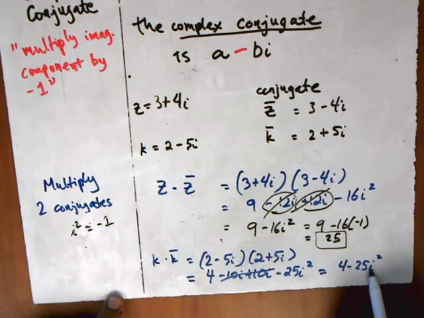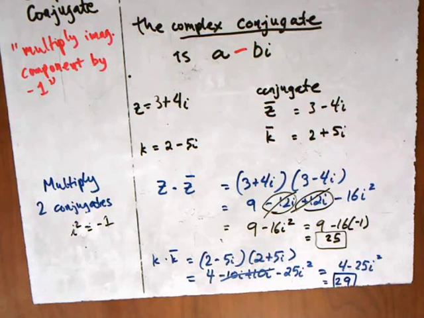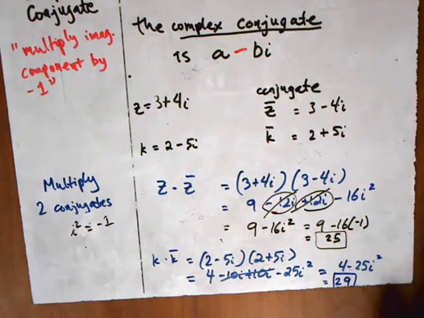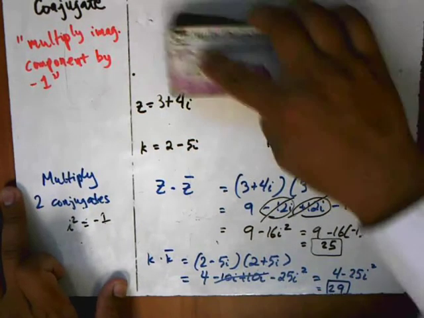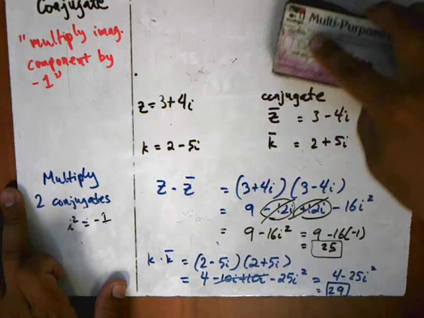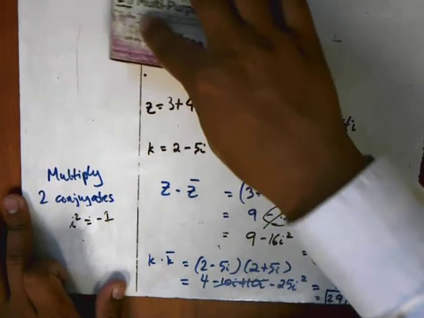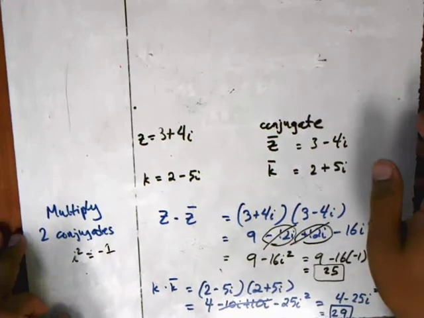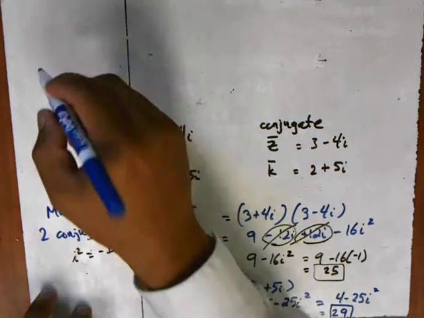And again, i squared is -1, so that's just 4 plus 25, or 29. And so the main message that we can take away from all of this, and hopefully you can see this for yourself, is that whenever we multiply a number and its conjugate, we always end up with a real number.